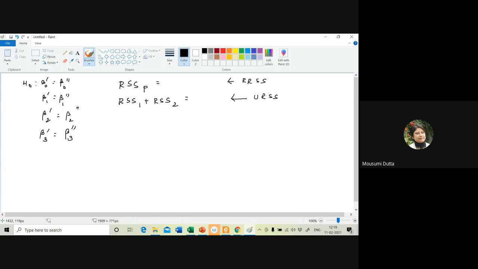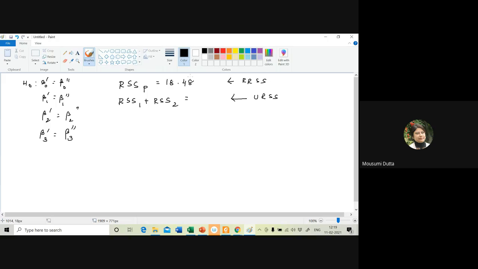18.48. Yes. How you are telling that it is 18.48? Would you please explain? Because the restricted model RSS is 18.48. Yes. The original model is basically the pooled model, because that is based on all observations. Very good. So for that model, it is given that RSS is 18.48.